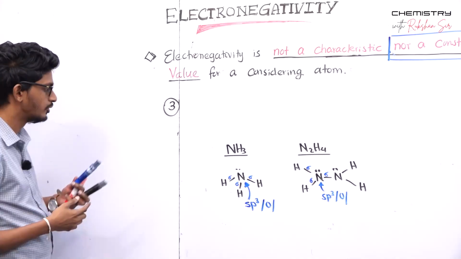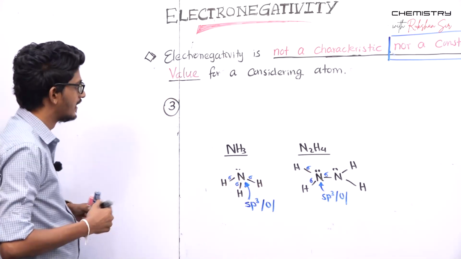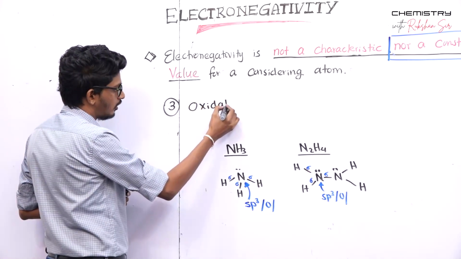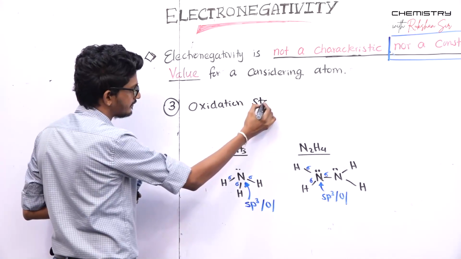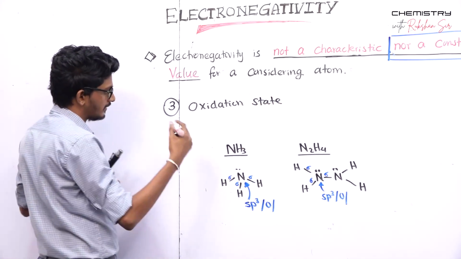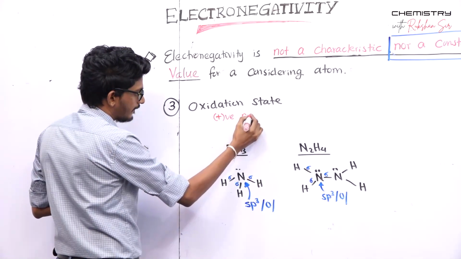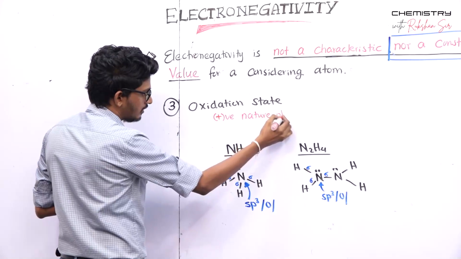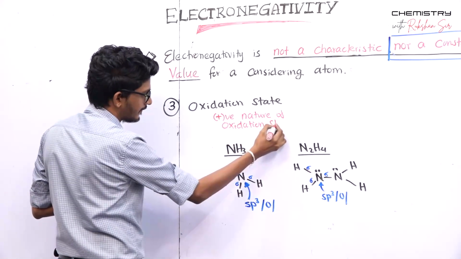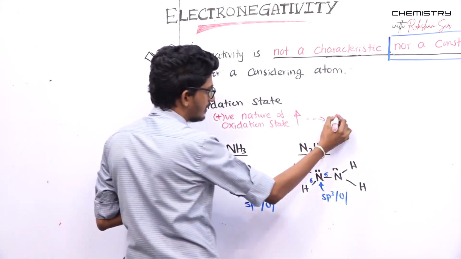So then what can we use to come up with the electronegativity variation of these two nitrogens? That is referred to as the oxidation state. It says when the positive nature of the oxidation state, or the oxidation number, is high, we can say the electronegativity is high.